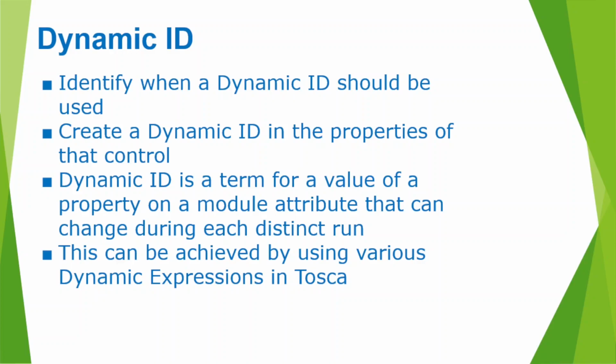Now you're going to add an additional property called dynamic ID. I'm going to teach you shortly how we can create this dynamic ID. This can be achieved by using various dynamic expressions in Tosca. So while creating your dynamic ID property, you can use various dynamic expressions in Tosca. That is our first concept.